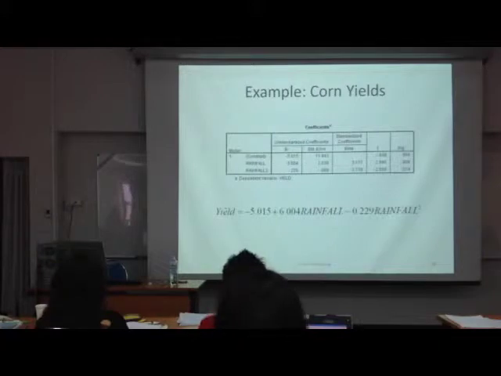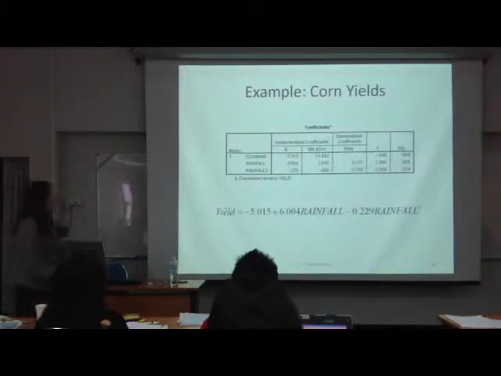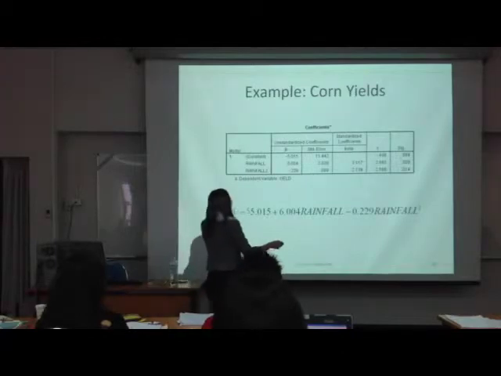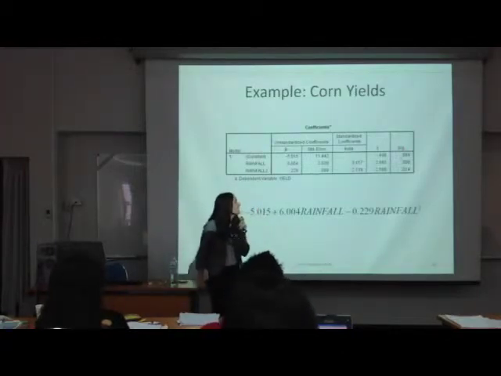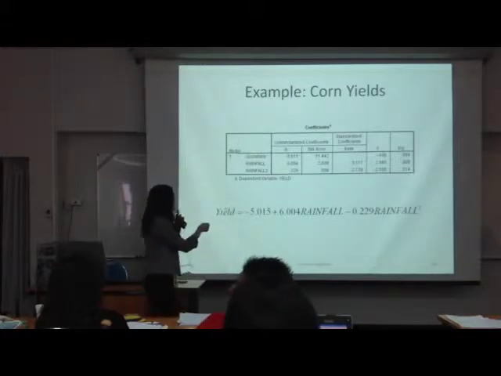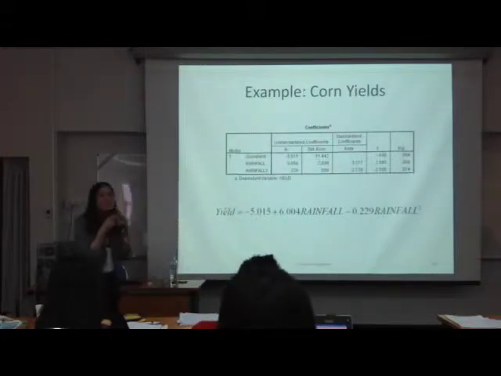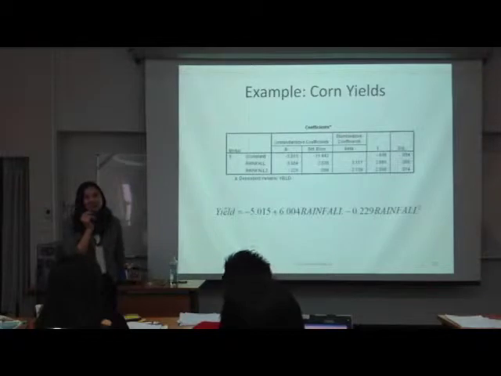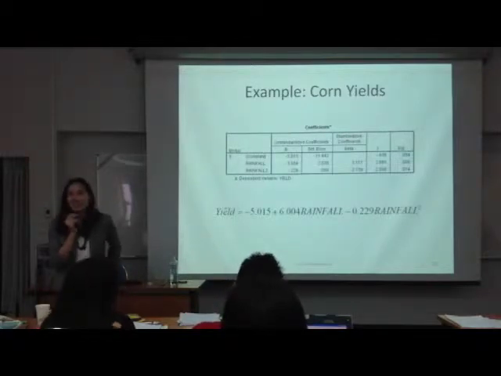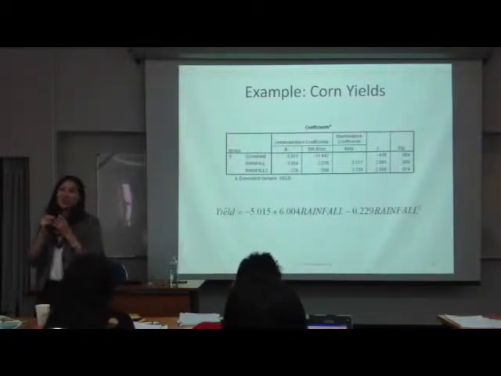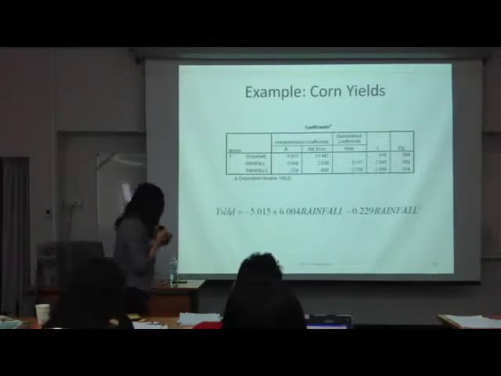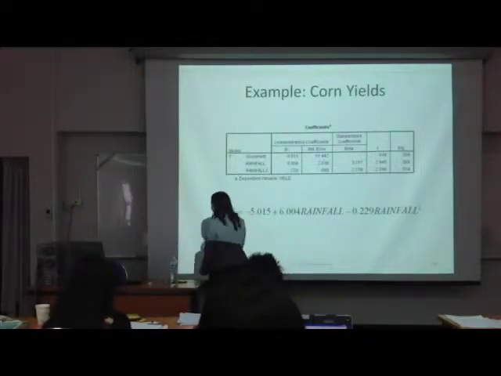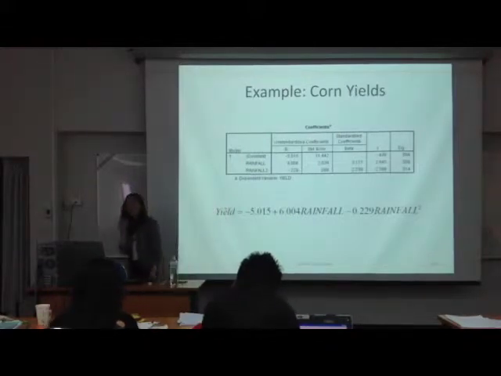What about beta zero? Okay, in this case, B0 is not significant. What are you going to do? Reject, or just keep it? Where do you reject?